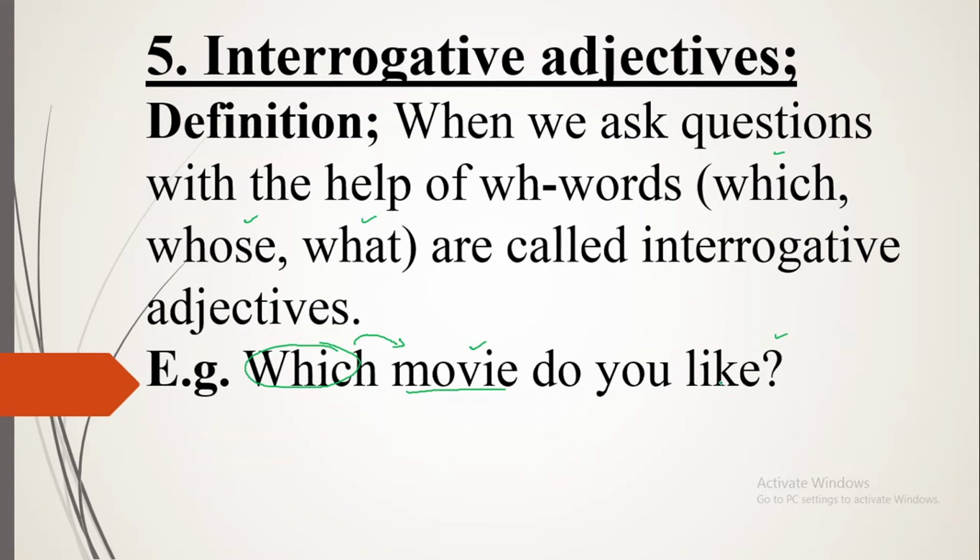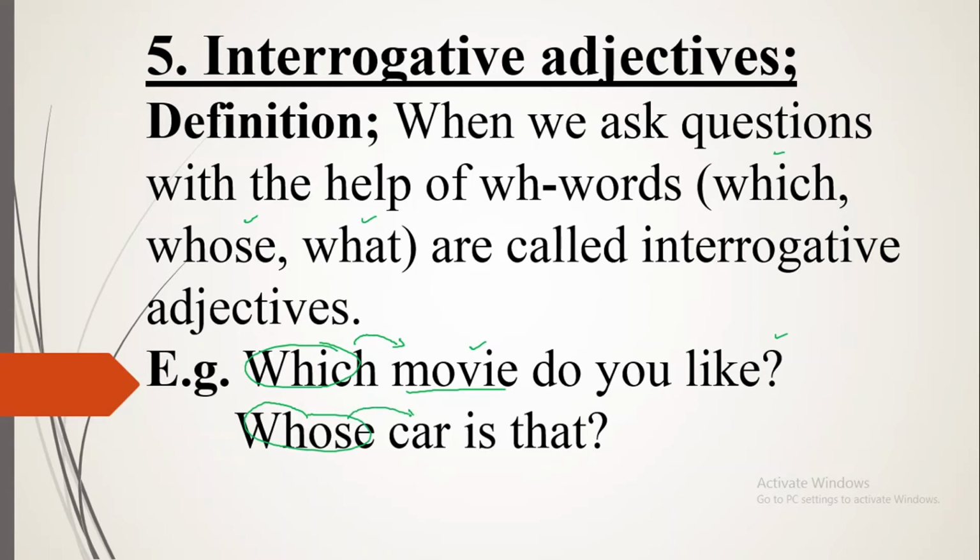After that we have the next example: Whose car is that? Now whose is used for possession, adding something to the meaning of car, and the question is about the property. Clear? Whose property is that? And who is the owner of this? So whose car is that is known as an interrogative adjective.